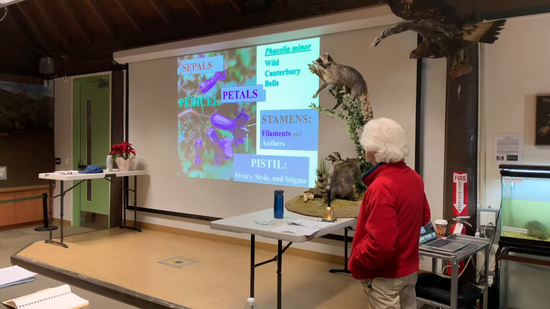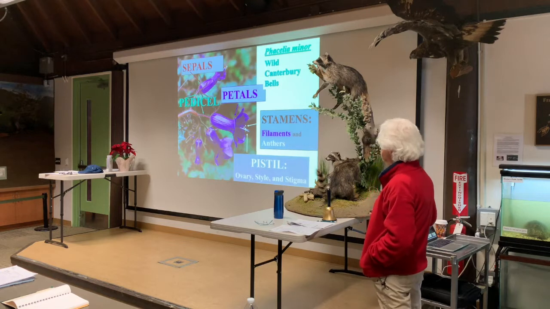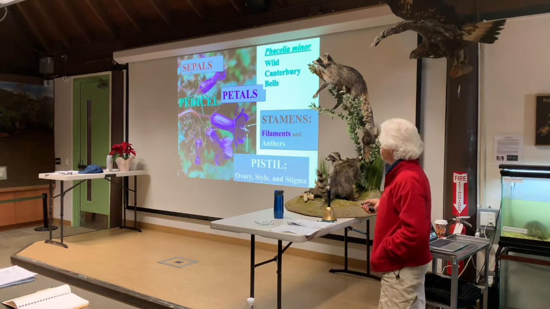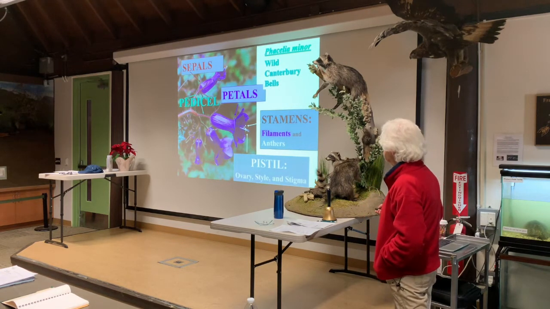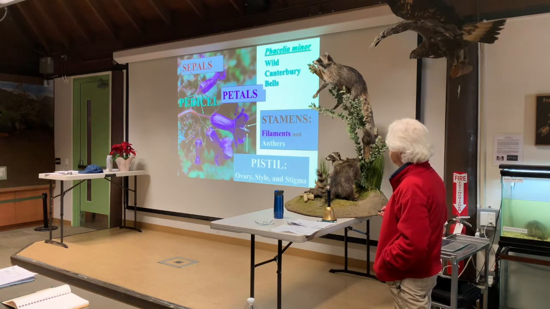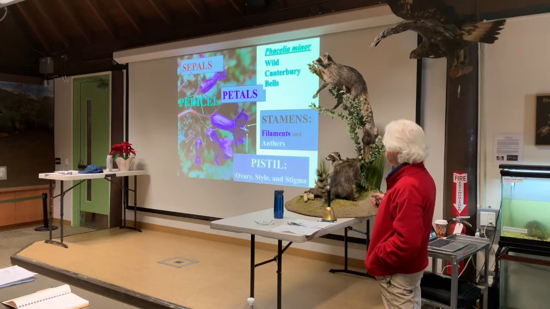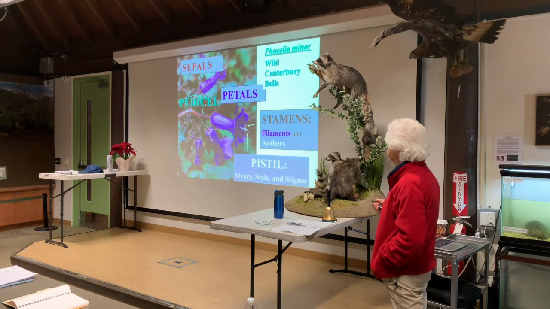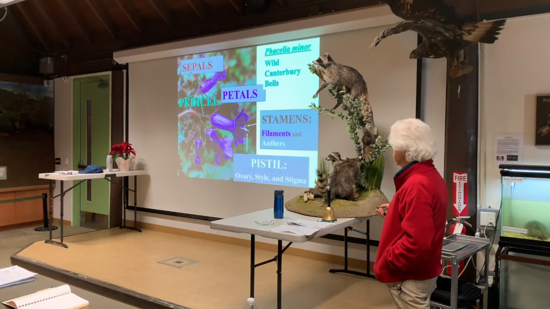So the stamens are these things with a little round white ball. Those are the male parts. The stamens have the filament, that little line, and the anthers, this little ball on top, and the anthers contain the pollen.